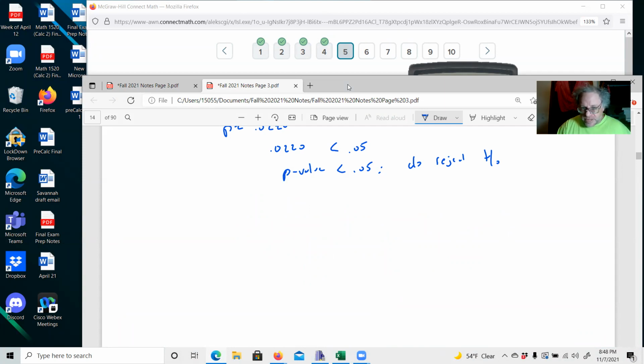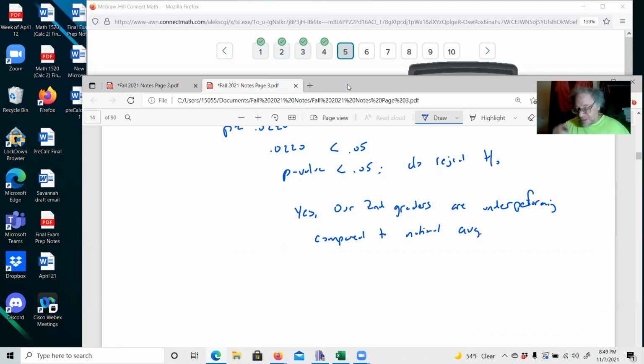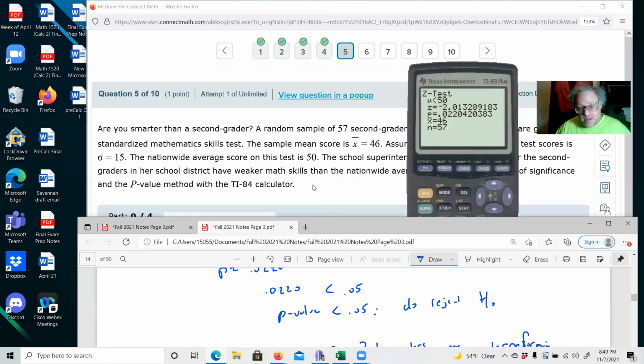So our conclusion is, yes, our second graders are underperforming compared to the national average. There might be a lot of reasons why that's happening, but clearly they're not doing as well as the national average. So we're going to have to do something about that.